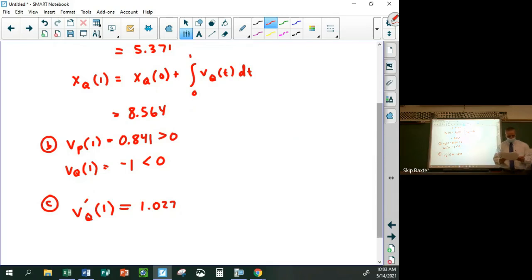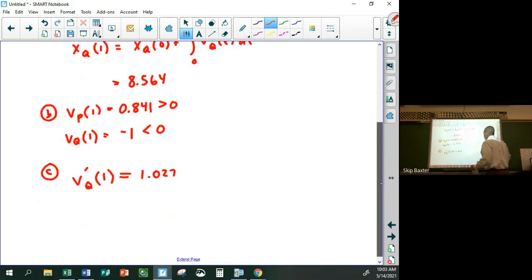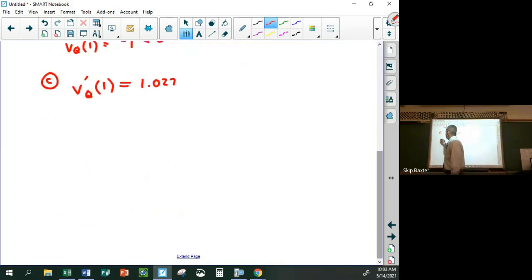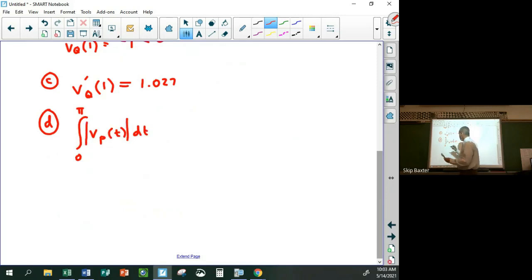Okay? Total distance traveled by particle P. What do you do there? Absolute value. Yeah, it's the integral from 0 to pi of the absolute value of dp/dt dt, right?